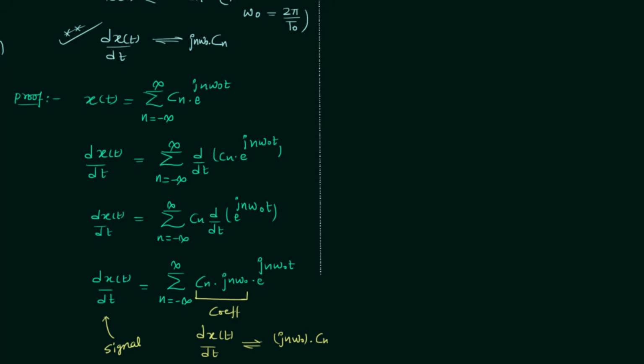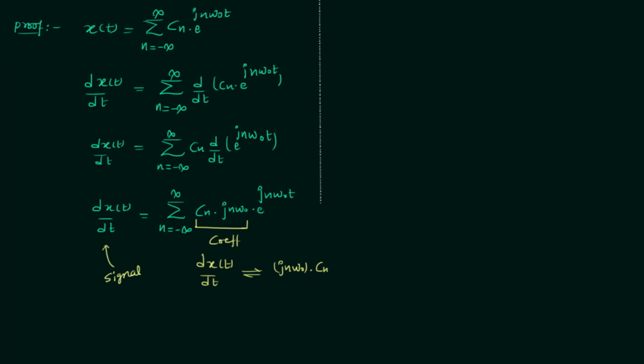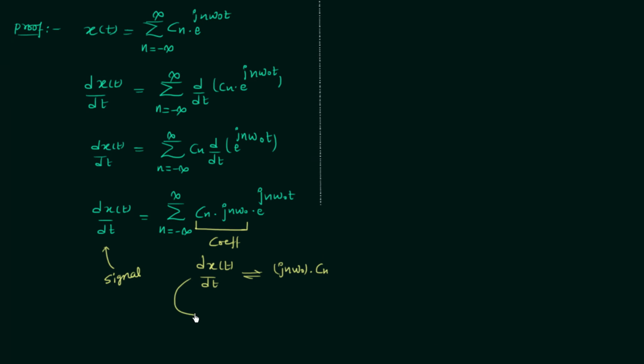What will happen if we differentiate signal x(t) 2 times? This means if we again differentiate dx(t)/dt, we have the second derivative of signal x(t) with respect to time. In this scenario, this will be the initial coefficient, and let's call it Cn dash. So Cn dash will be multiplied by jn omega naught, or we can write (jn omega naught) whole square multiplied by Cn.